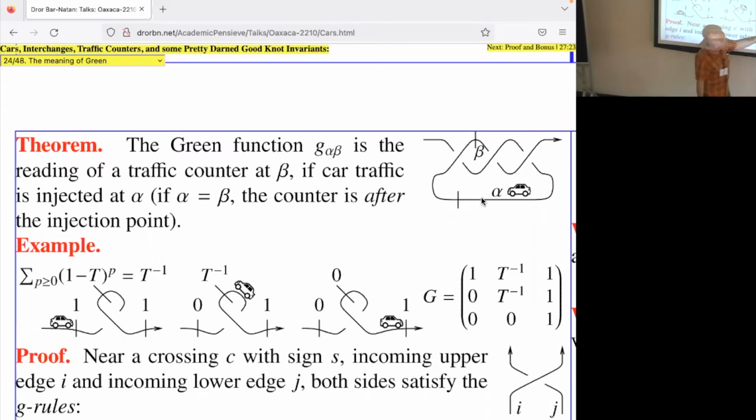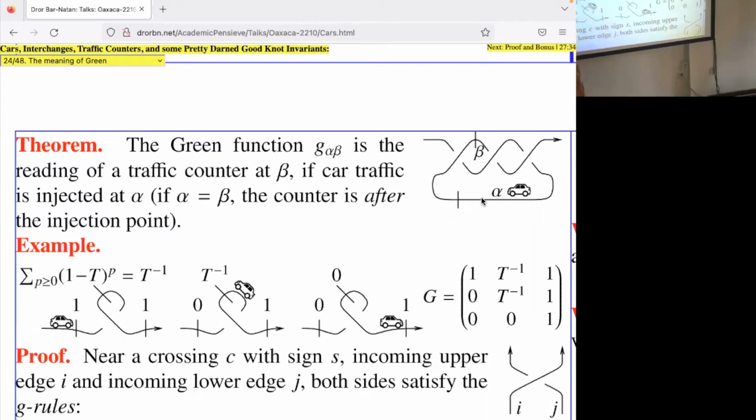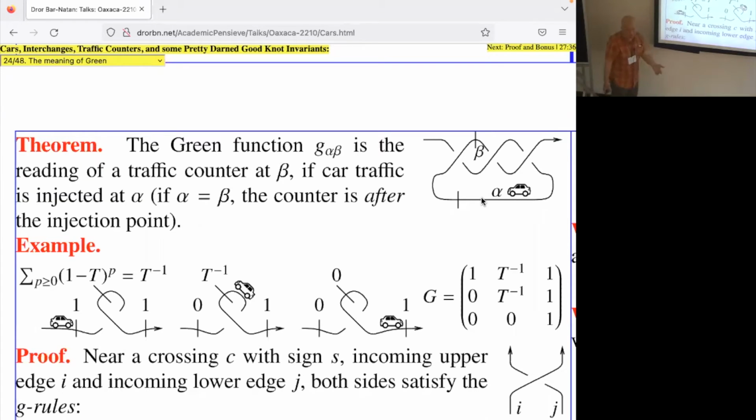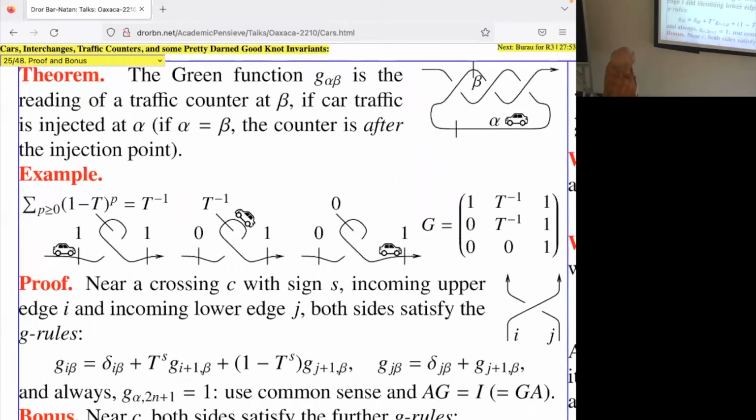Finally, if I inject the cars here, then this counter will never see traffic, this counter will never see traffic, and this counter will see a traffic of 1. So overall, the Green matrix will have 1, t inverse, 1 on the first row, then a row starting with 0, t inverse, 1 on the second row, and so on. Okay? Are you okay? Good.